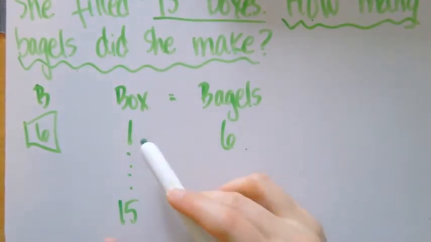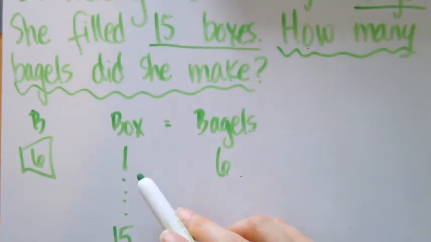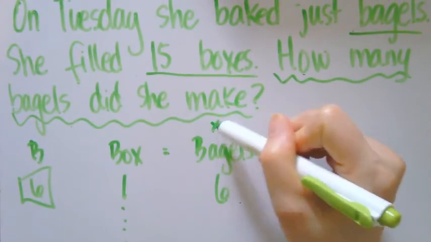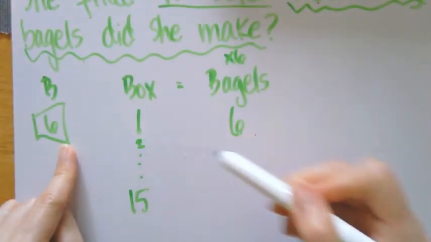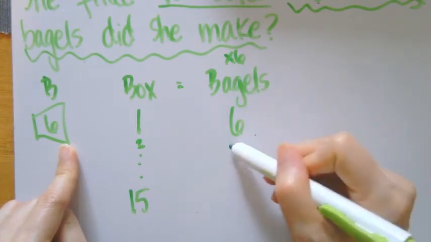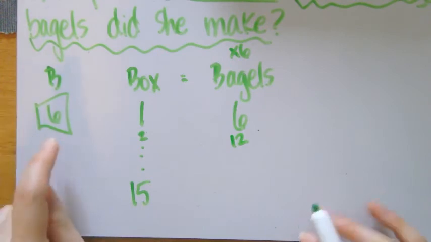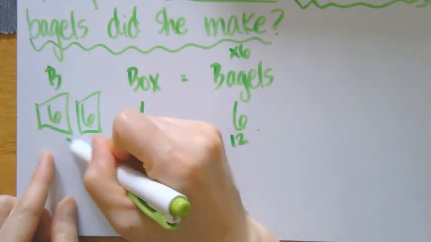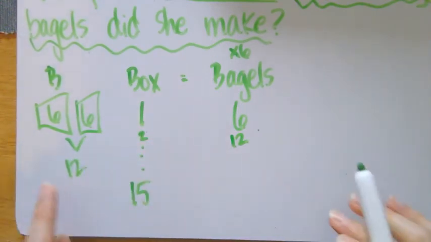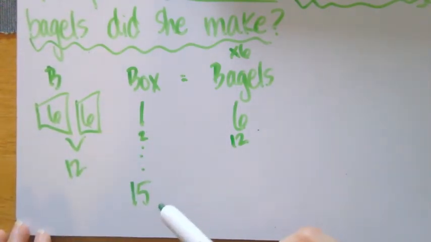Okay, so what is the pattern that we can see becomes a rule? Okay, we can see that it could be times 6. Let's see if it works, okay? So if this were 2, and if I take 2 times 6, that would give me 12. And if I have in 1 box 6, and I have another box 6, I'm adding them up, and that would give me 12. So that does work. So what would be the rule here that applies?